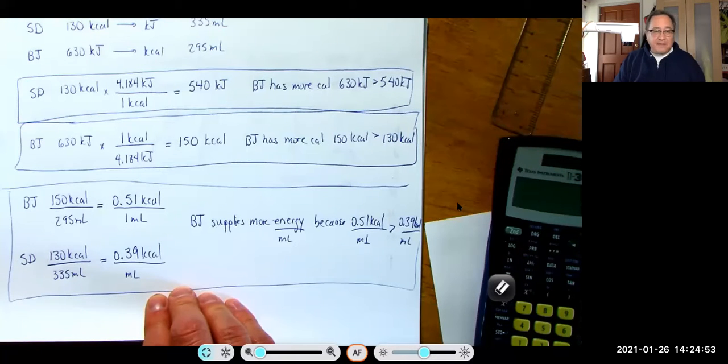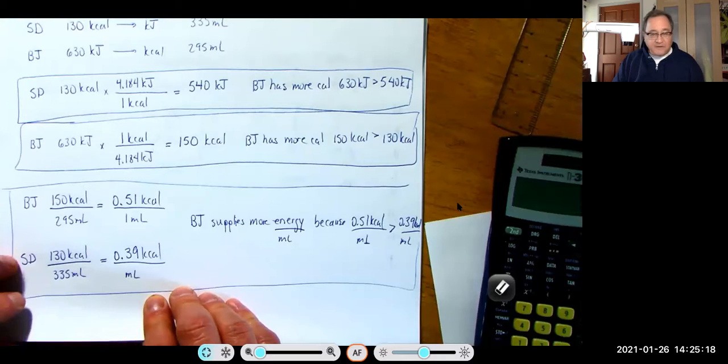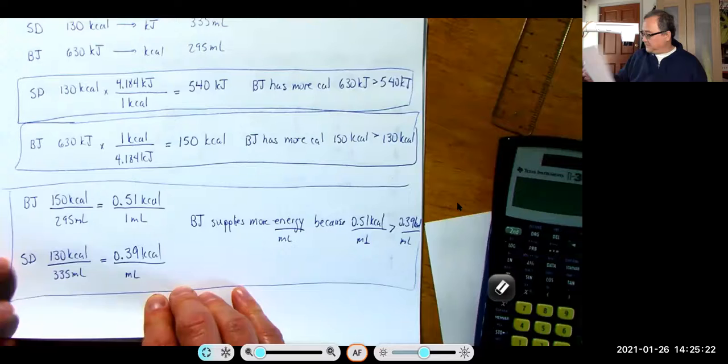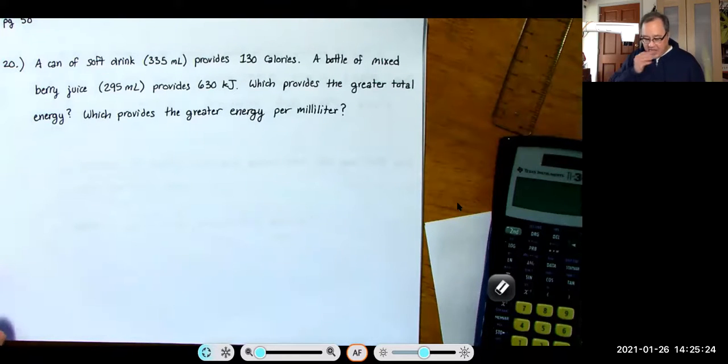And so their claim is valid. Yeah, soda's better for you than berry juice. That's a valid claim based on the parameter of calories per milliliter. But in my opinion, it's a misleading claim, because when people make that claim, they probably want you to think about health, but you're not. Fair enough? Good. Let's move on then.